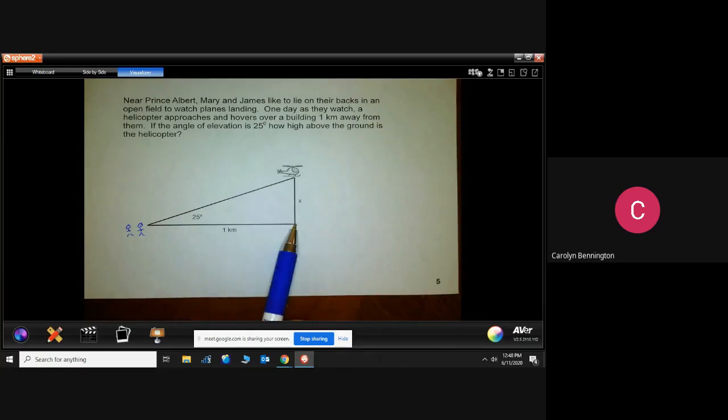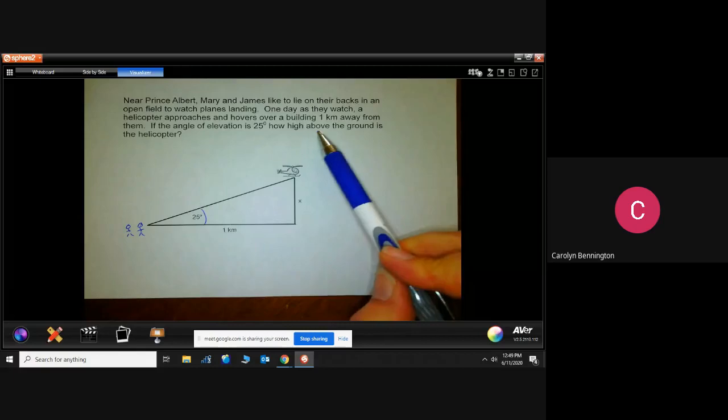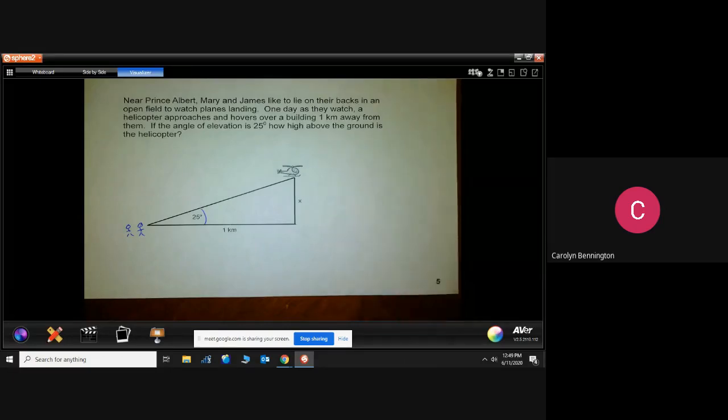So that's our 1 kilometer along the ground. We know that the angle of elevation is 25 degrees. So that's going to be from the people, and they're going to be looking up at the helicopter. So our angle of elevation is this angle with 25 degrees. And what we're looking for in the question is how high above the ground is the helicopter? So we're looking for the height of the helicopter over here.